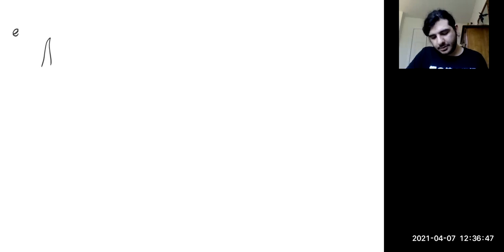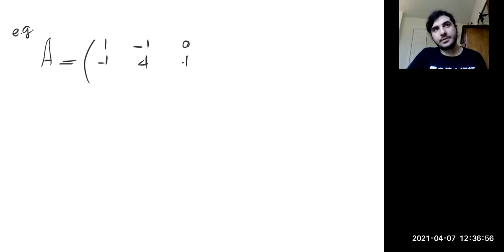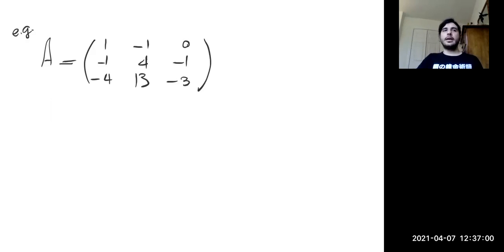So an example. Suppose A is the matrix 1, minus 1, 0; minus 1, 4, minus 1; minus 4, 13, minus 3. Okay. Now, I want to find eigenvalues.